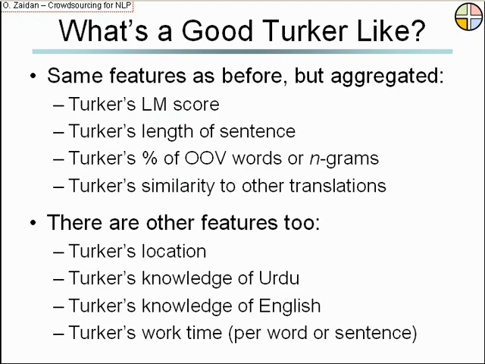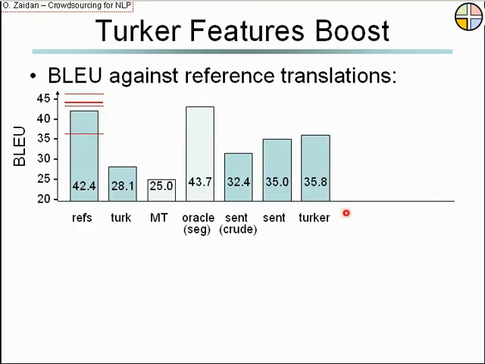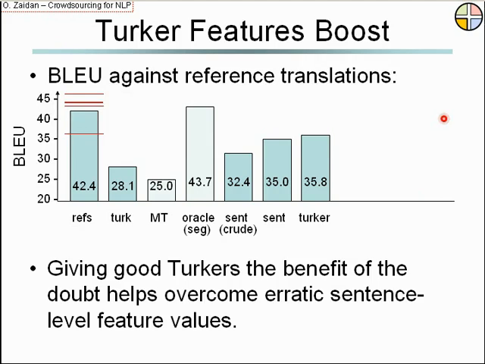If they're not spending much time on the translation, it probably means they're not doing a very good job. And if you use these Turker-level features, again, you see this boost from 28 to 36 BLEU points. So it's really a good idea to give good Turkers the benefit of the doubt, even if some of their translations have not so good sentence-level features.